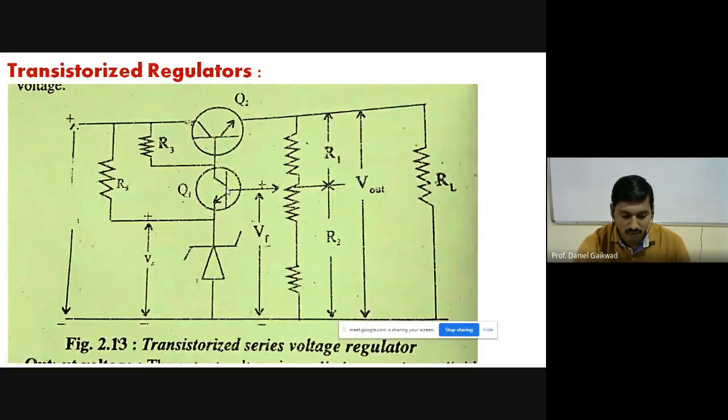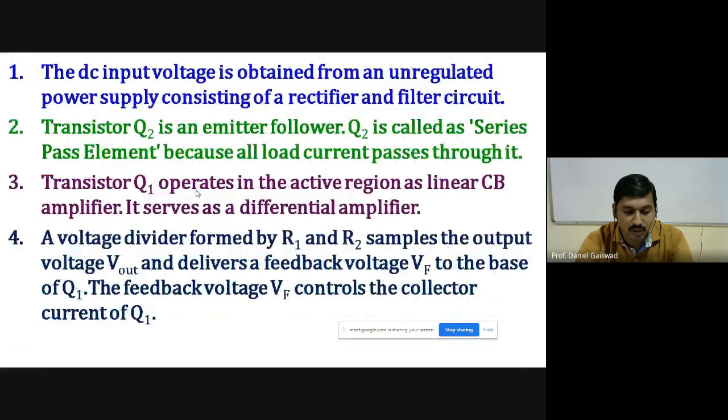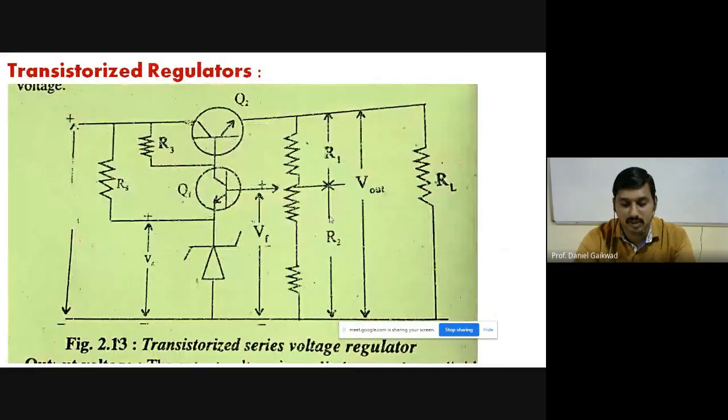Okay. Now we have the next part, called transistorized regulators. We will understand just a diagram and its small working here. We have 2 slides, which will explain in short the working of these diagrams.